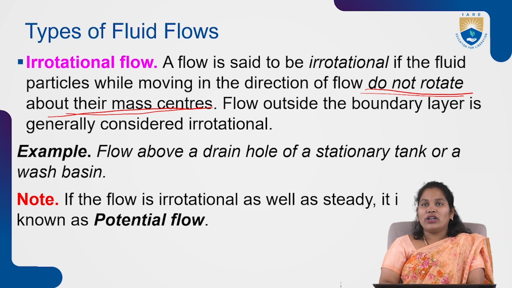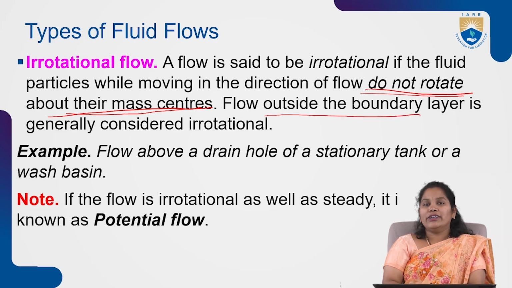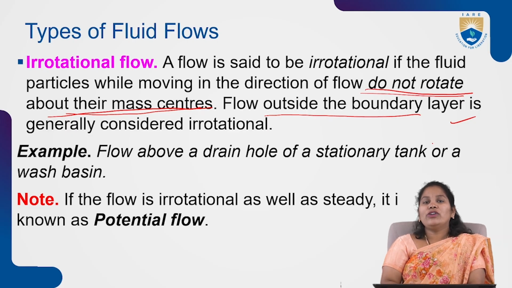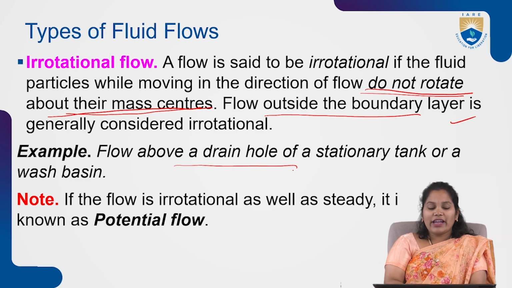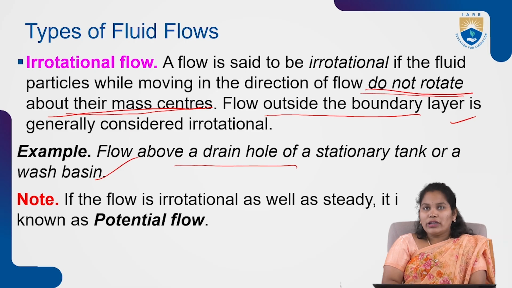These types of irrotational flows we see outside the boundary layer. The flow outside the boundary layer is generally considered as irrotational flow. Another example is flow above a drain hole of a stationary tank or a wash basin, right?